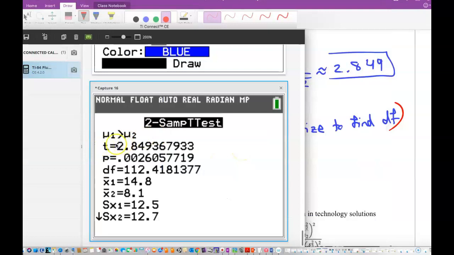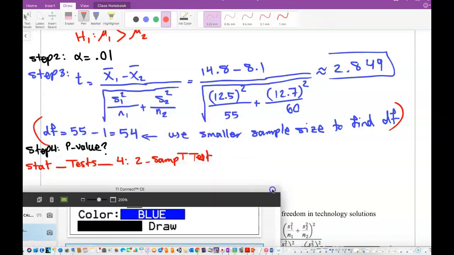Okay, so here we have the result. Our t is exactly the same as what we got here, 2.849. We rounded that. And then the p-value is 0.0026, rounded to 4 decimal places. And for the degree of freedom, here I said that we should use the smaller sample size.